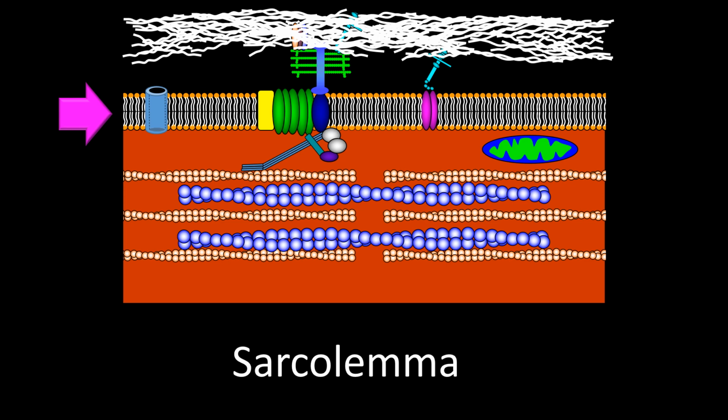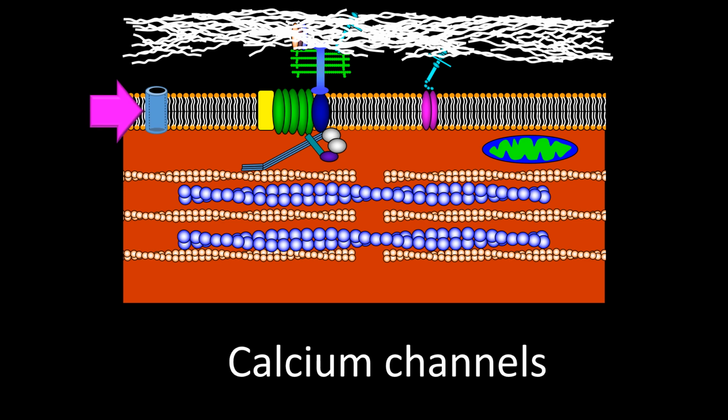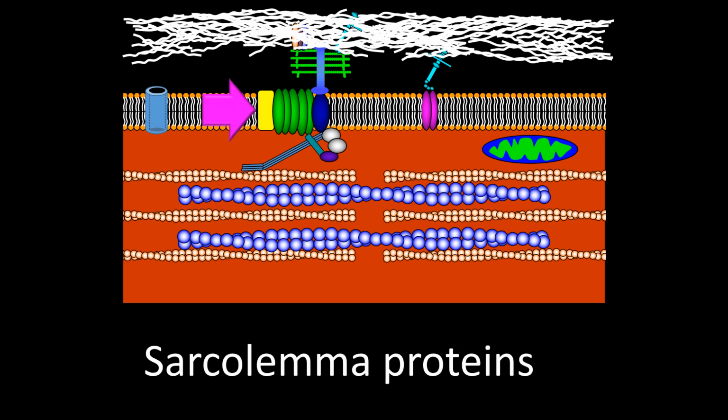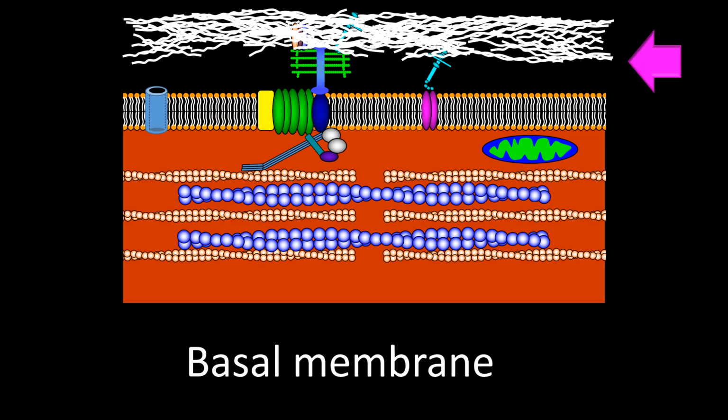Now, I'd like to shift your attention to the sarcolemma. In it, we find calcium channels and sarcolemma protein complexes, as you can see here and here. These complexes span from the inner to the outer surface of the membrane.